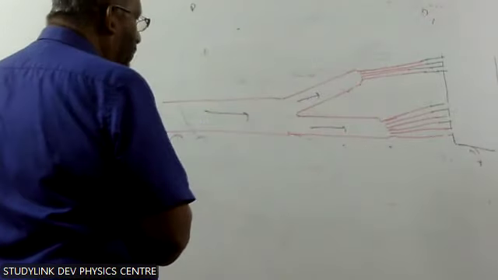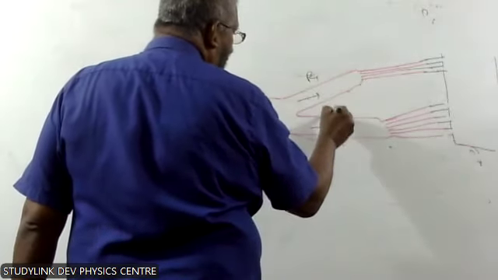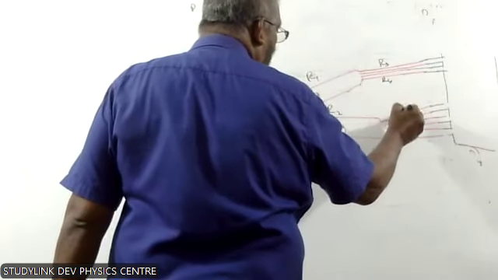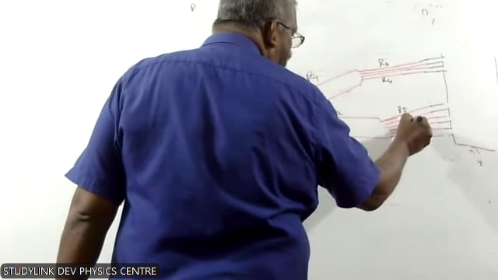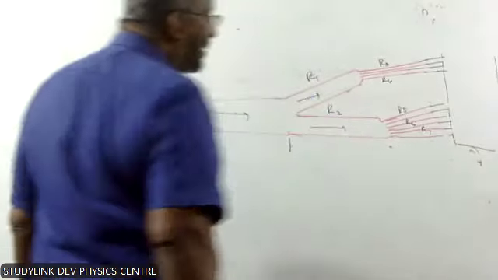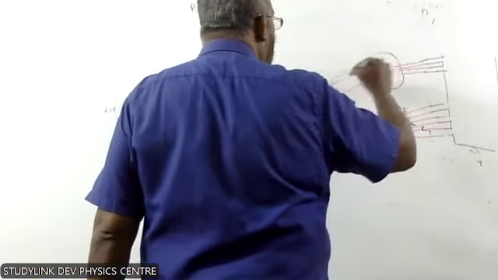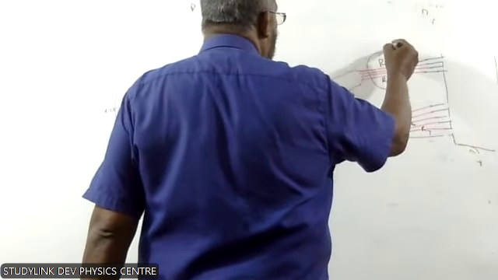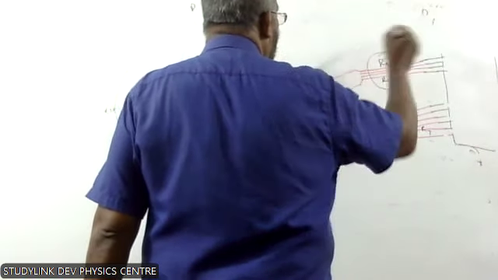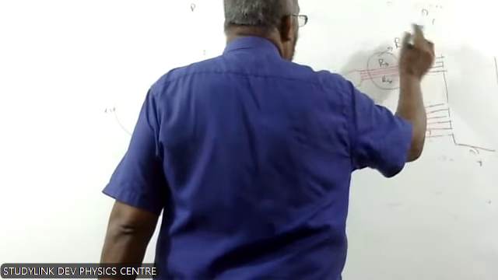So they can give you resistive forces from here. R1, R2, R3, R4, R5, R6, R7. If you consider these two are concerned, that value is equal to R8. That is parallel.